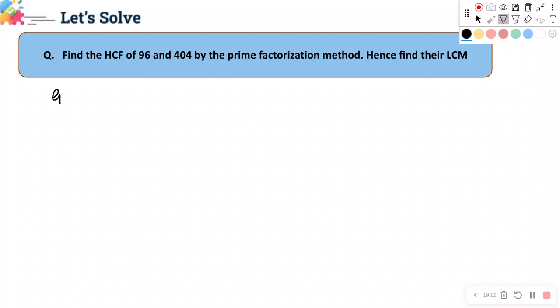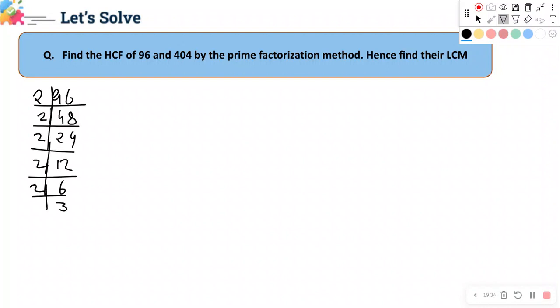Let's do the prime factorization of 96. Correct, 96 ends in an even digit, so we can do it by 2. So what will come, 48, again 2, 24, one more 2, 12, one more 2, 6, one more 2, 3. So 96 can be written as 2 into 2 into 2, 1 2 3 4 5, five 2s and 3.